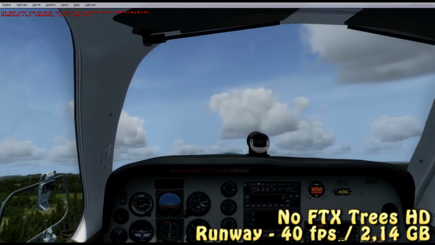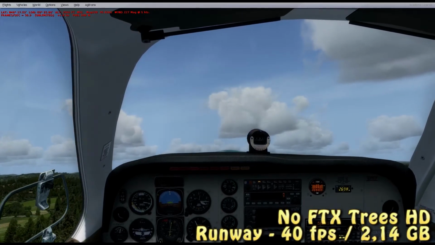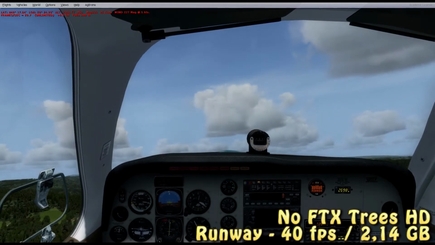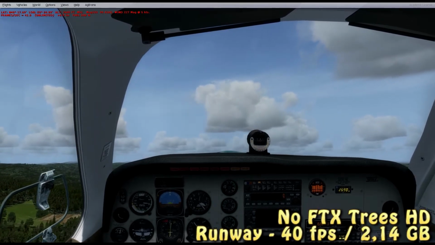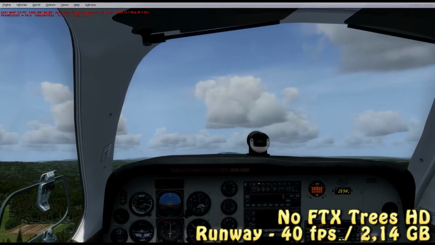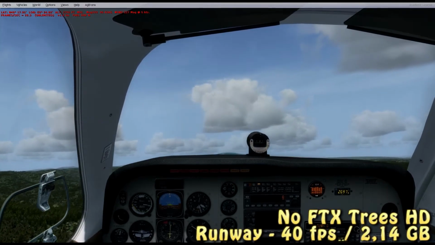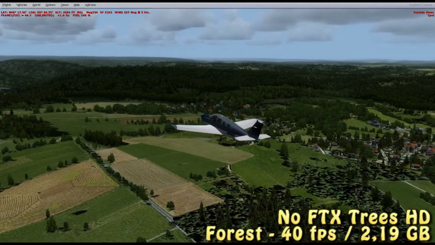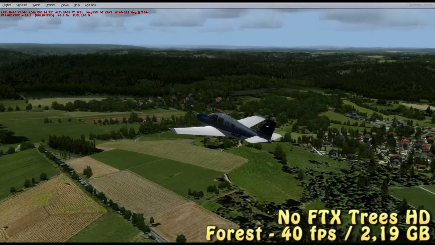This is the setting without FTX Trees HD, and we are flying over the forest here. We have a decent, or very good, frame rate, and we have 2.14 gigabytes, so no problems there. It's just for comparison. If we take a look outside of the airplane, you can see it's already very, very beautiful.